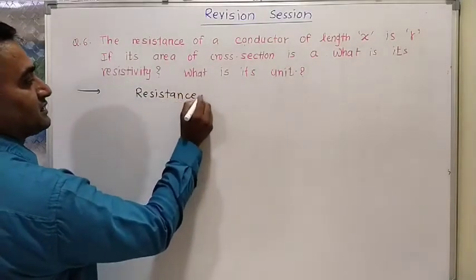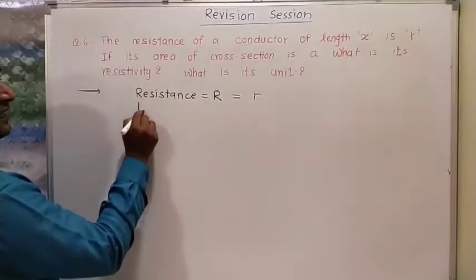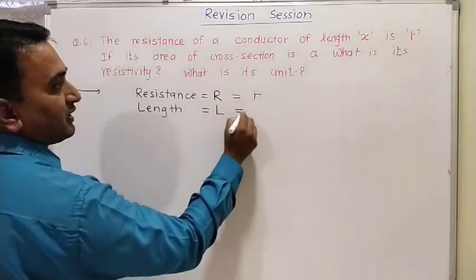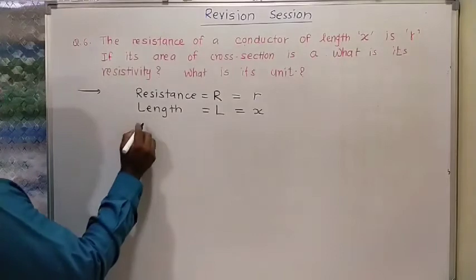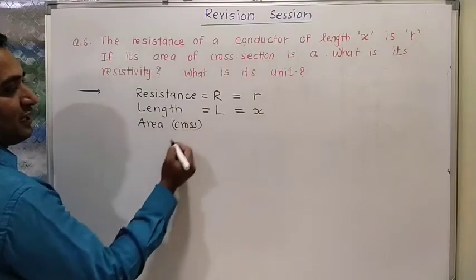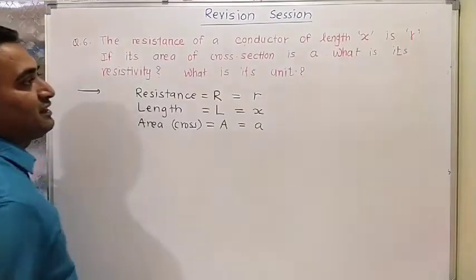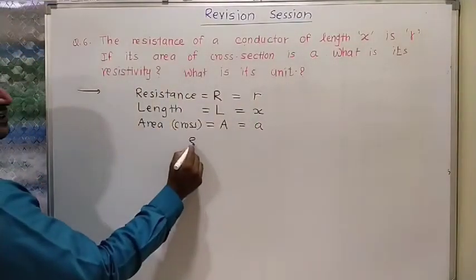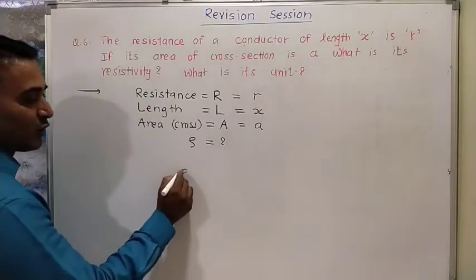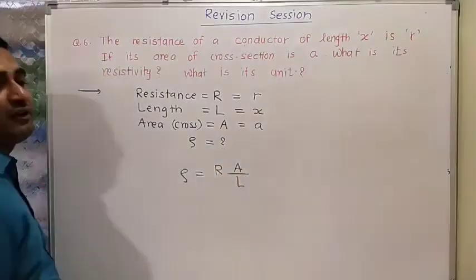Resistance, generally we use R, and here we have R. Second, length of wire, we generally use L, but here we have X. Then area of cross section, generally we use A and here we have A. Then they have used resistivity. So rho is equal to question mark. So what is the answer we have? Rho is equal to resistance into area of cross section divided by length of wire.